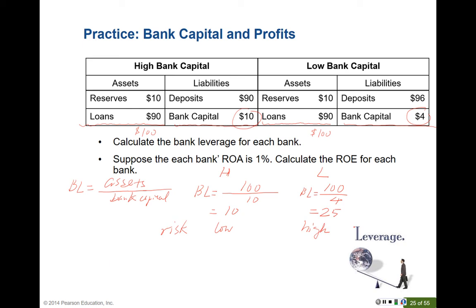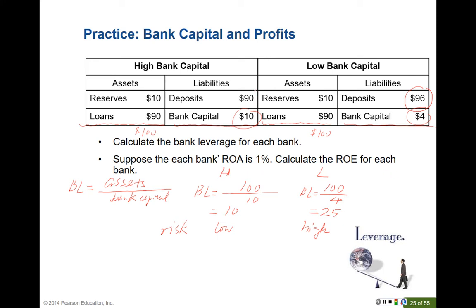What's the reason I say this? You have to go back to the balance sheet. For the low bank capital, liability is $96. So no matter what happens, this bank needs to pay back $96 to the depositors. So this bank has a high amount of liability, or high amount of obligations.